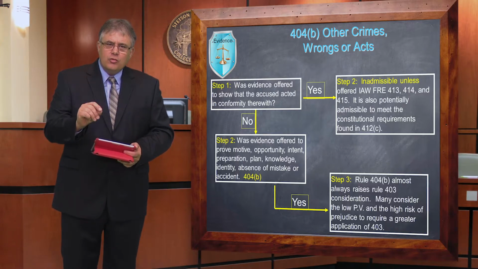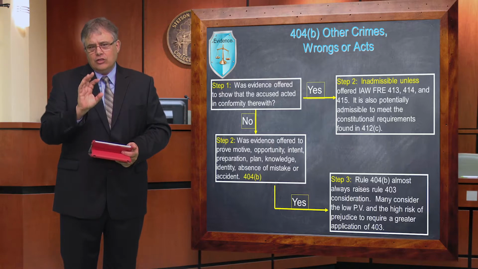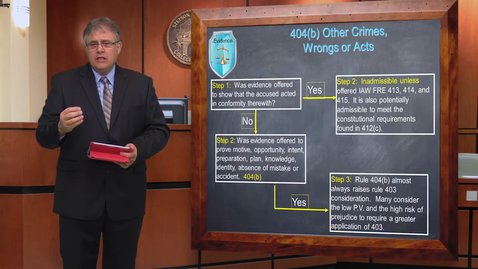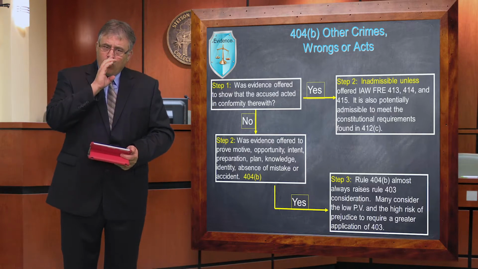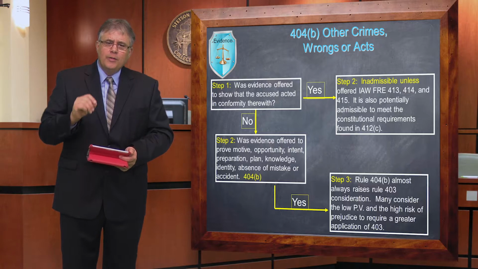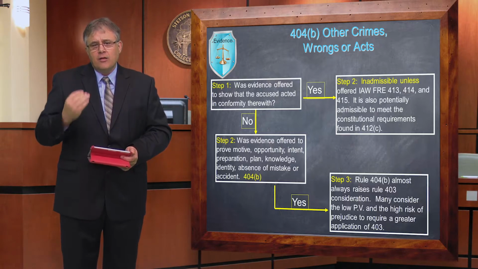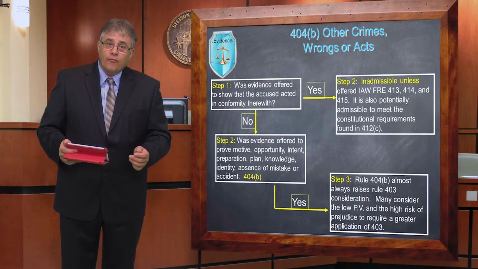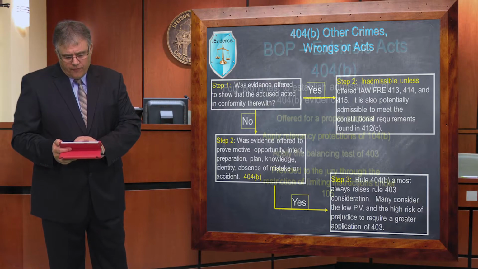The thing that I want you to remember is whenever 404B is used as a means of admitting character evidence for a non-character theory of relevancy, 403 is automatically implicated. You must do a probative value versus substantial danger of unfair prejudice analysis prior to admitting evidence under a 404B standard.